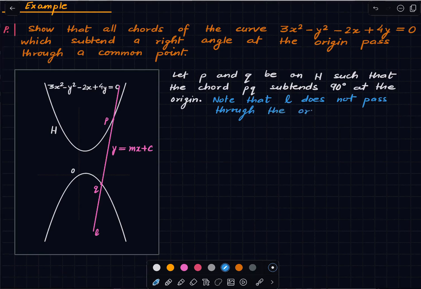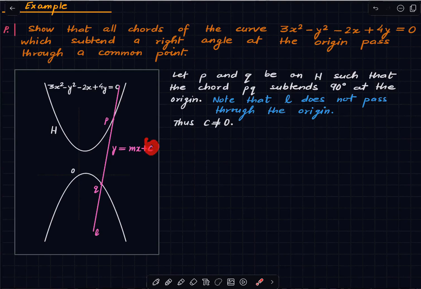So therefore c is non-zero. Right? c is this thing, and since this line does not pass through the origin, c is non-zero.